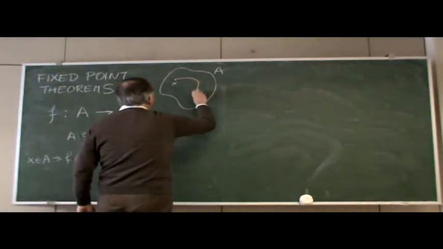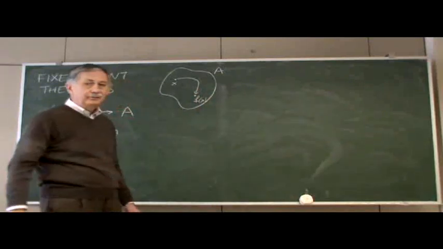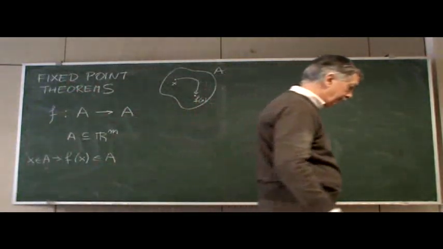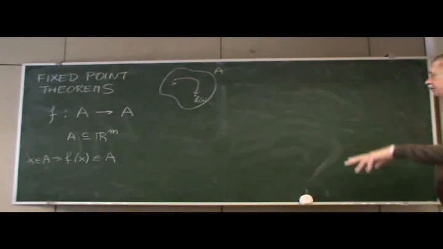Suppose that to this x is associated another vector like this, f of x. This is a transformation of A into itself by means of a function f.